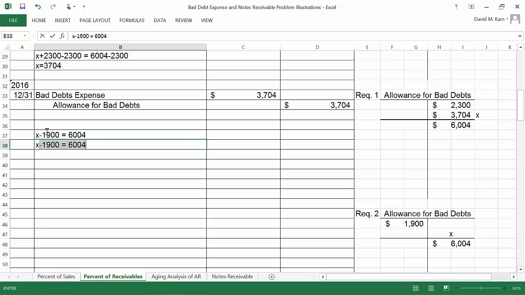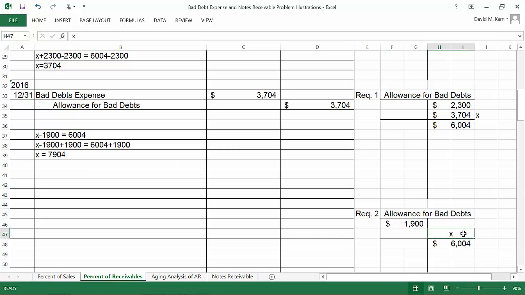To get X by itself, we have to add the $1,900 on both sides. You can see that the calculation will yield a higher amount of bad debt expense in this case. So we know that X is going to equal 7,904.